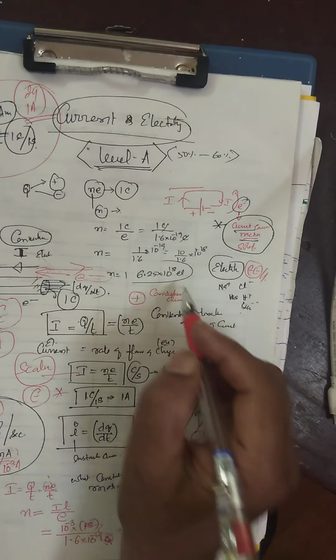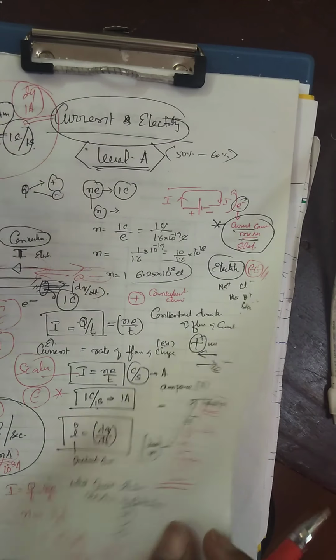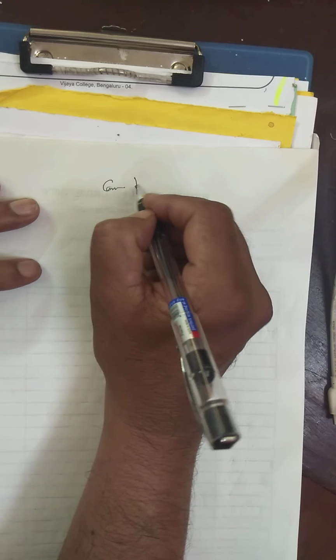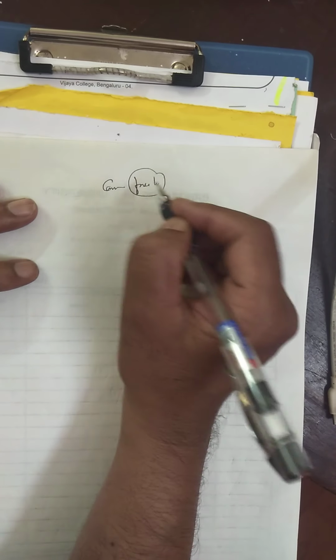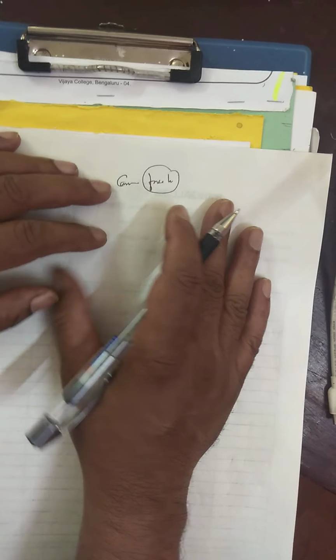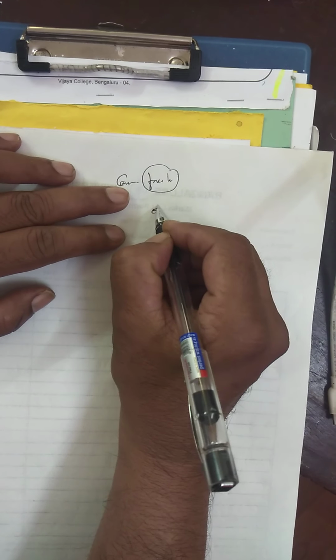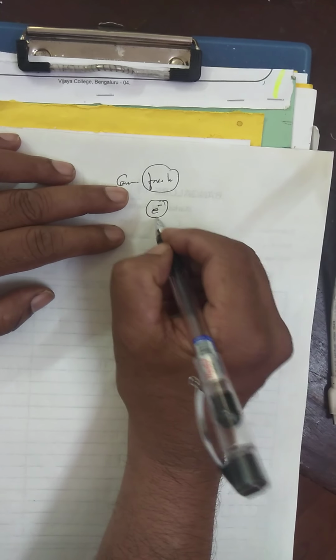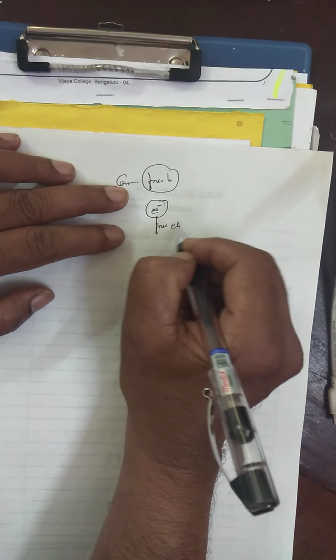Therefore, what is a conductor and an insulator? You know the difference between conductor and metallic? In a conductor you have free electrons, right? In a metal the charge carrier is the electron, and these are called free electrons of the metal.